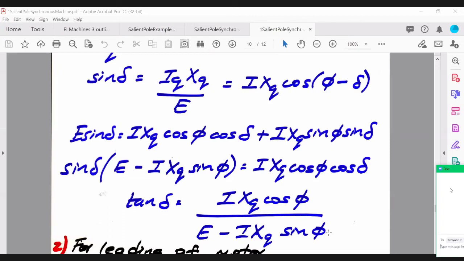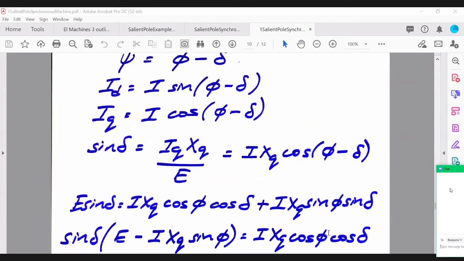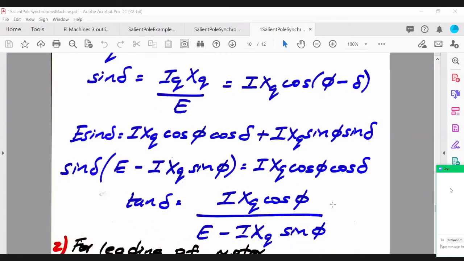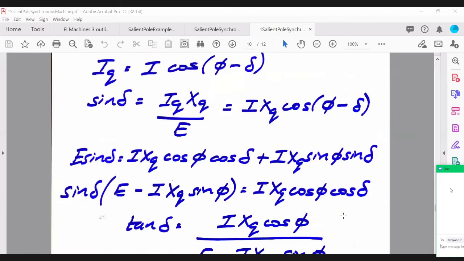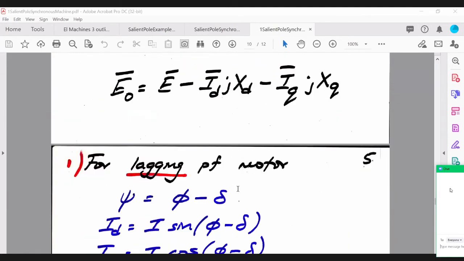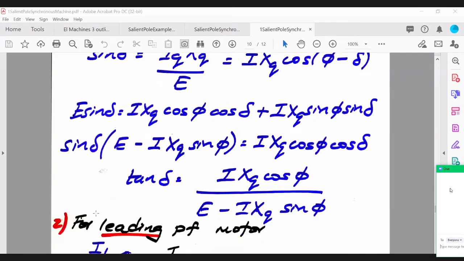So this is the equation that you have to know for the lagging power factor motor, how to determine Id, Iq, and how to get the angle delta, right? Okay, so everything is straightforward. From the phasor diagram, you can write those equations and derive it. If you want to memorize that equation, it's fine.